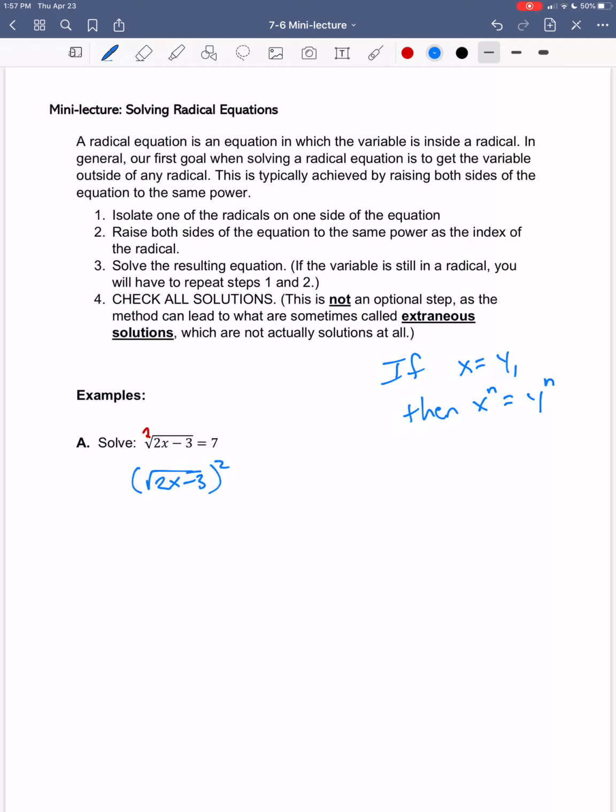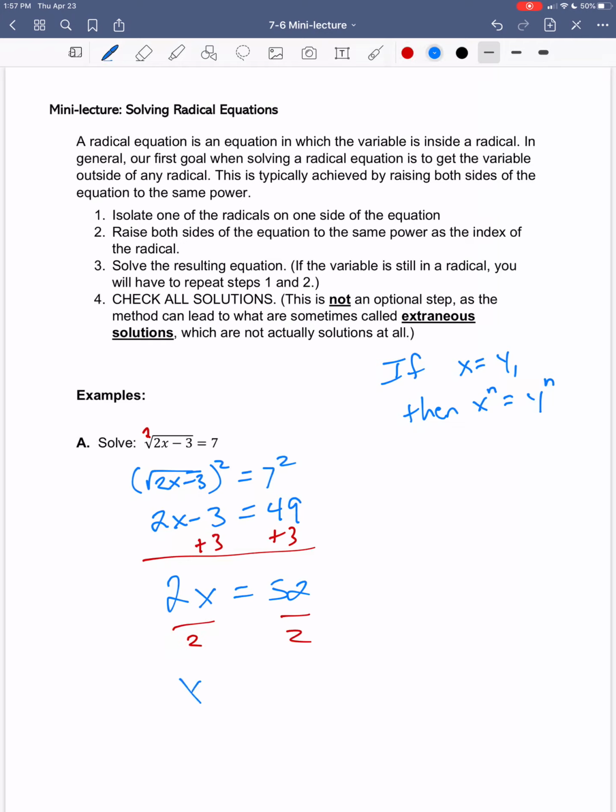7 squared is 49. And now I can solve the equation I'm left with. I just have x to the first power, so I can get x by itself. I'll add 3 to both sides. That gives me 2x equals 52. And then I'm going to divide both sides by 2, and I get x equals 26.